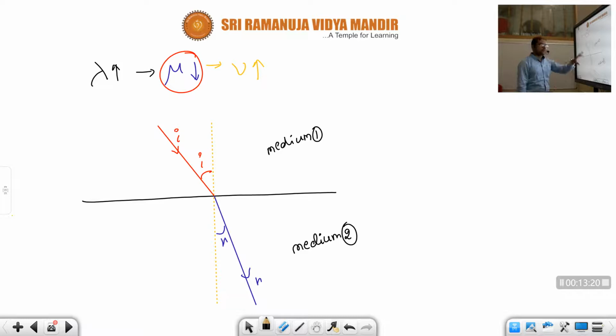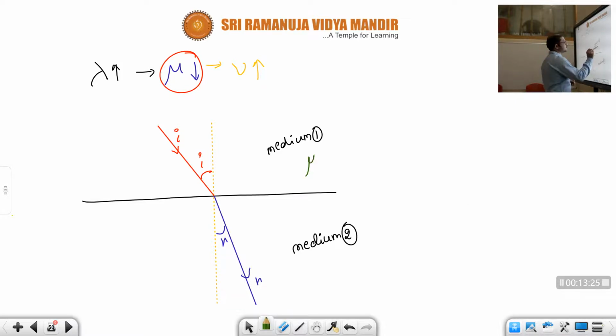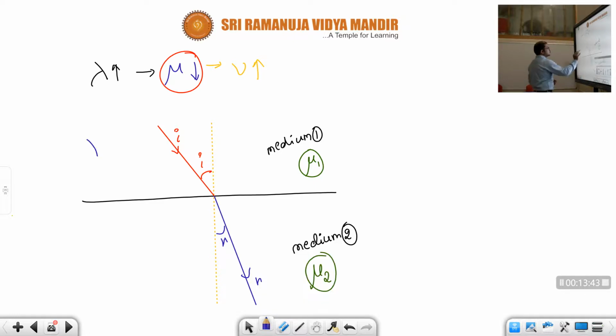For medium 1, what will be the refractive index value? Refractive index will be mu 1. For medium 2, the refractive index value will be mu 2. That is regarding refractive index. Similarly, what about wavelength and speed? Wavelength of light here, let us consider lambda 1, and here lambda 2.